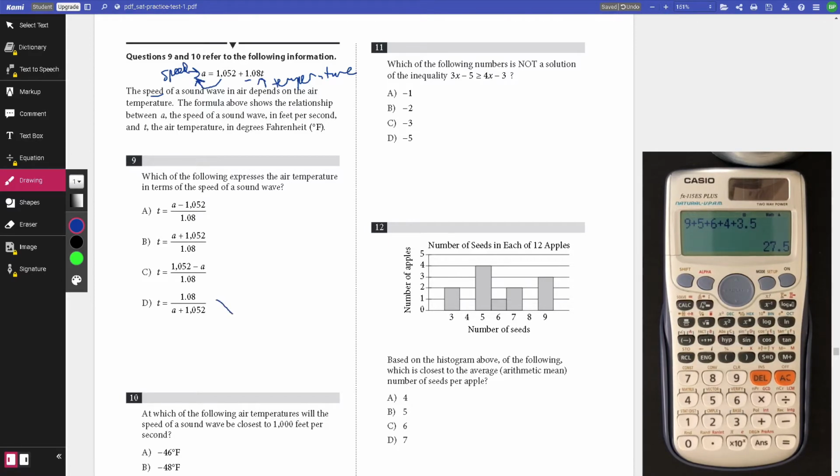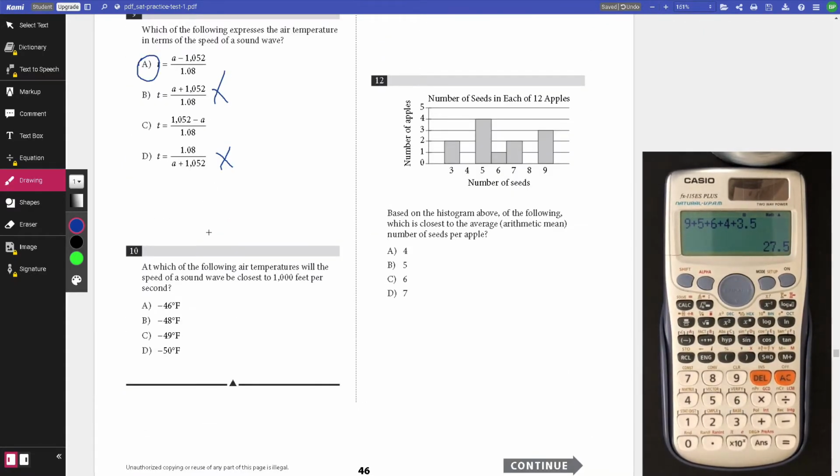So we can't have this since it's not dividing by 1.08, and then we can have a plus because we need to subtract 1,552 from both sides. Since we're subtracting this, A would still be positive, so it's A.